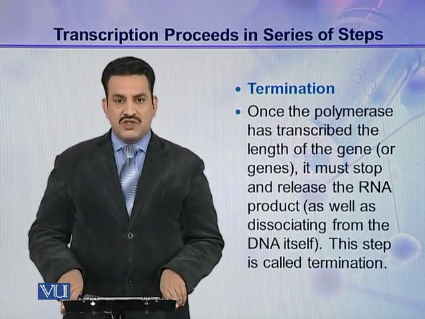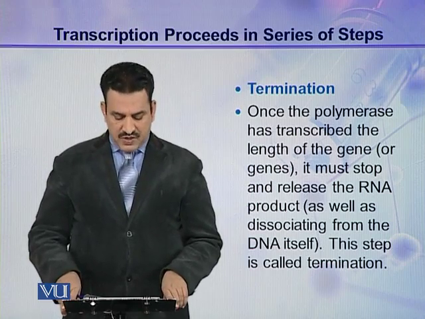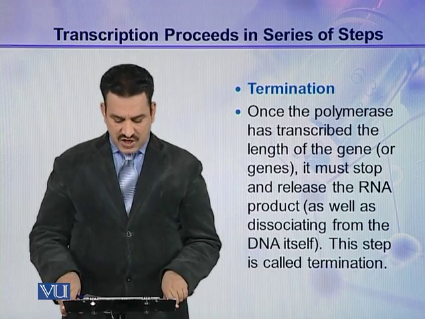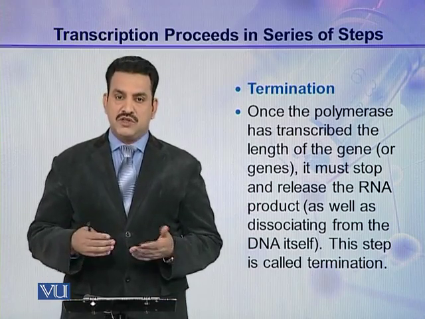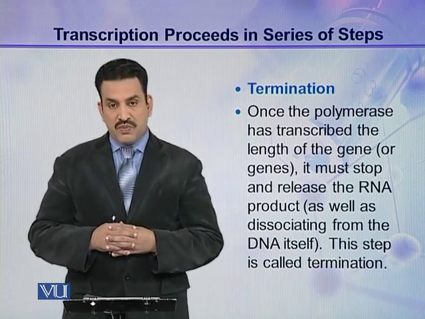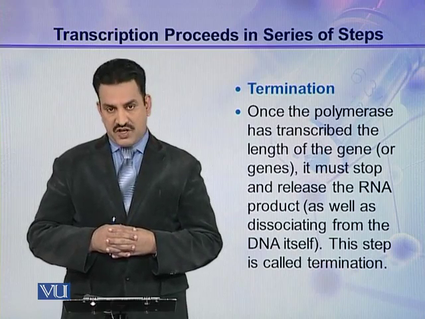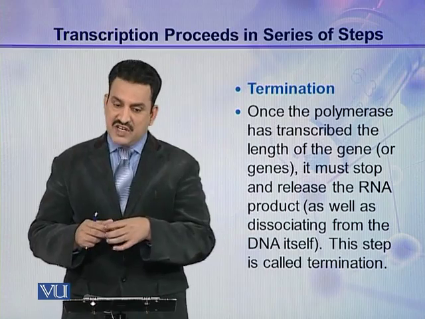The third and last phase of transcription is termination. Once the polymerase has transcribed the length of the gene or genes, if more than one gene is to be transcribed, it must stop and release the RNA product as well as dissociate from the DNA itself.